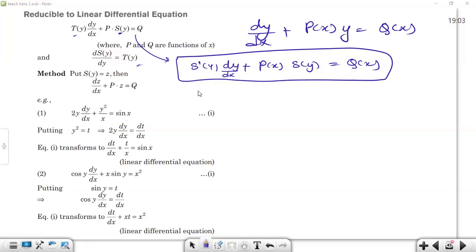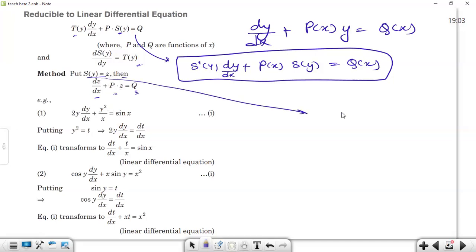For this, we will simply reduce this given differential equation to a linear differential equation. How will we do so? By substituting f of y equals z, and after that, dz over dx plus P into z equals Q. How have we written so?